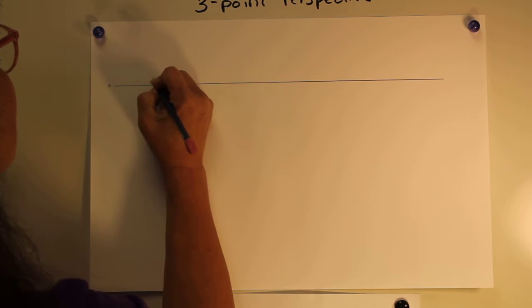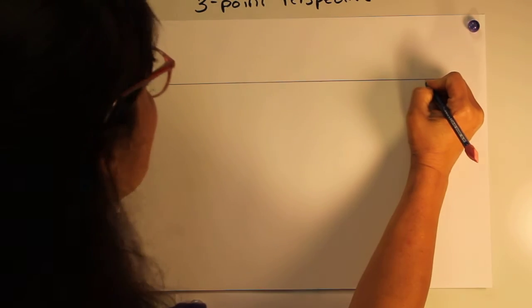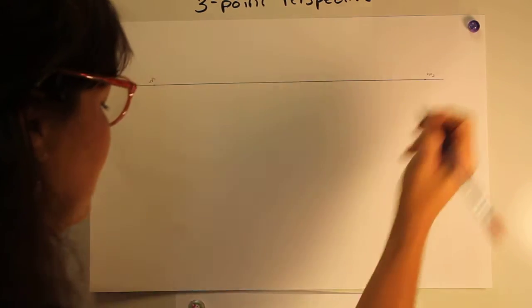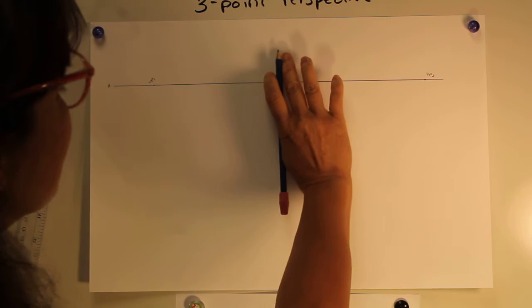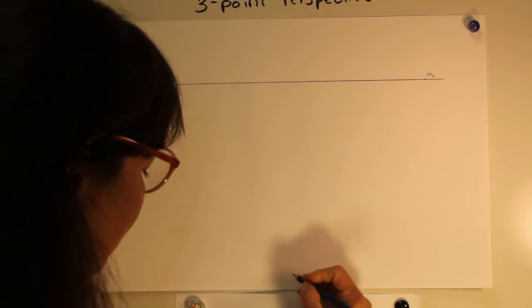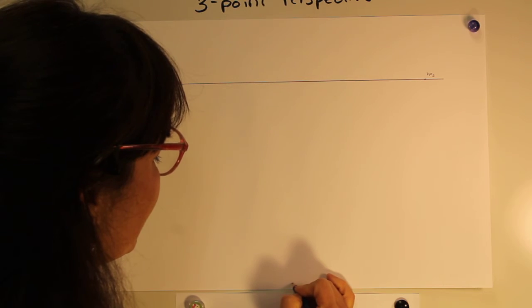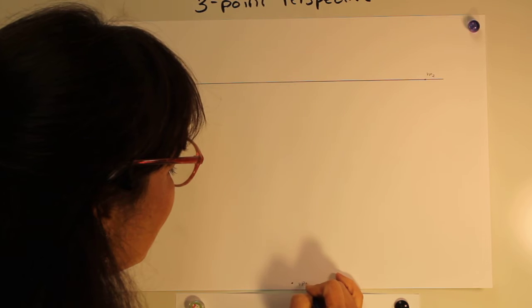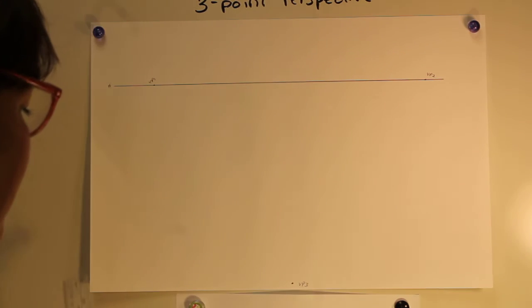I'll put VP1 in case I refer to it. And then right here, VP2, so we can find it. Then I visually find down the center where you'll see it. You can take it off the page, but that wouldn't be very helpful for us. So I'm going to put VP3, vanishing point.